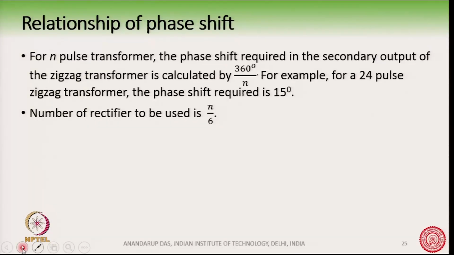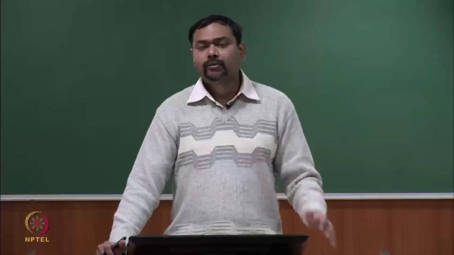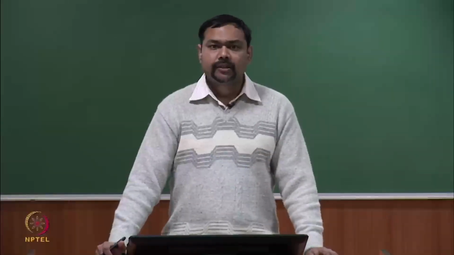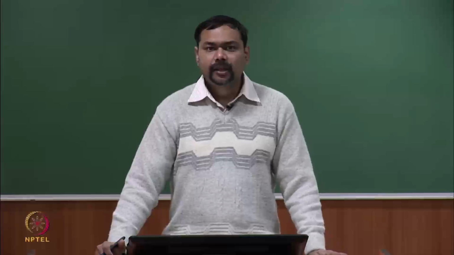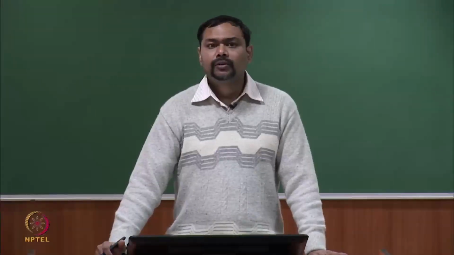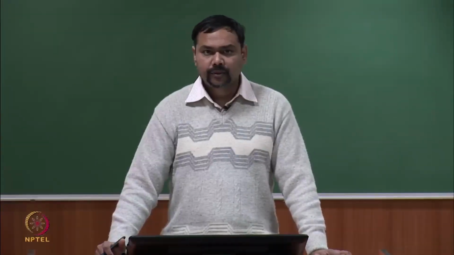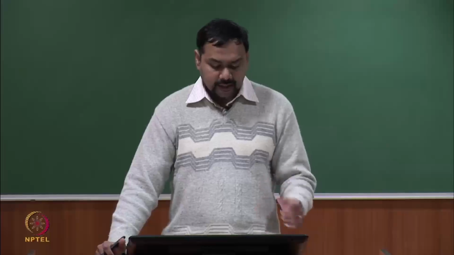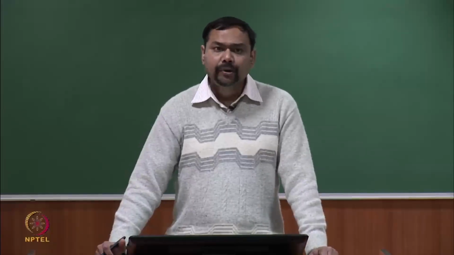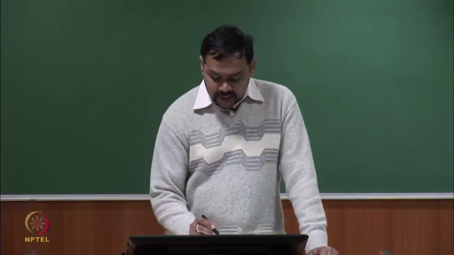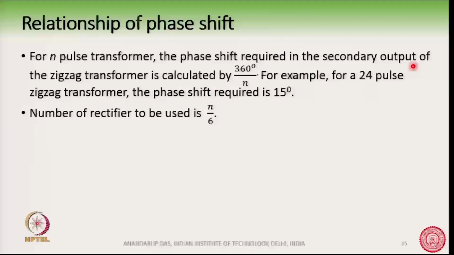So, for an n pulse transformer, coming back, we were talking about the 12 pulse transformer. Now, in case of a zigzag transformer, suppose we want to get a 24 pulse transformer, or in general, if we require an n pulse transformer, the phase shift required in the secondary output of the zigzag transformer is 360 degree by n.